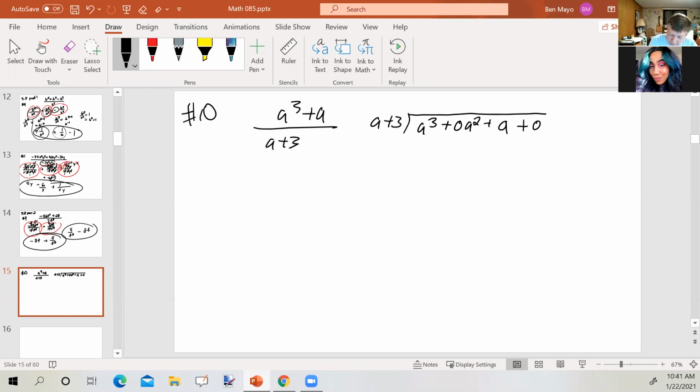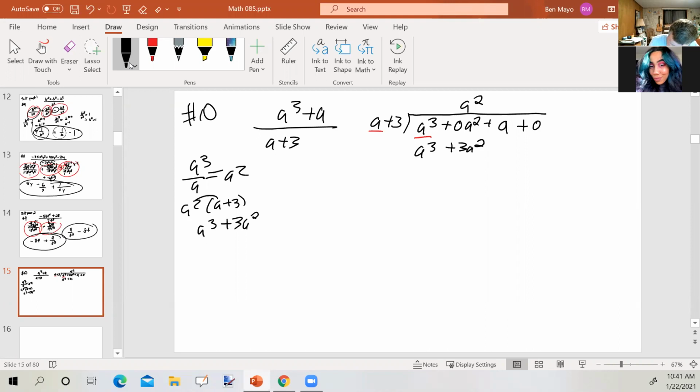All right, so leading term inside divided by leading term outside. A cubed divided by a equals a squared. Write that up there in the appropriate column. Take a squared times a plus 3, a cubed plus 3a squared.